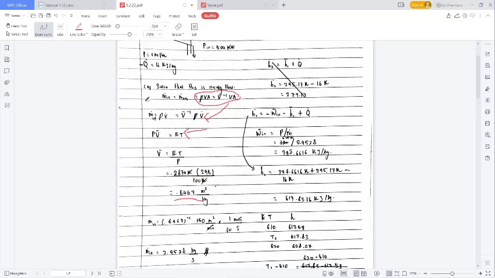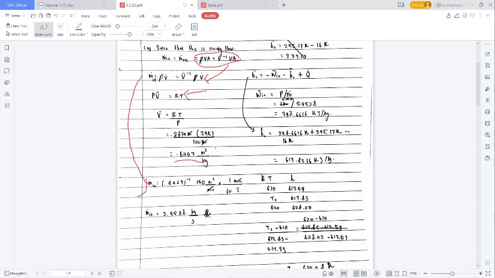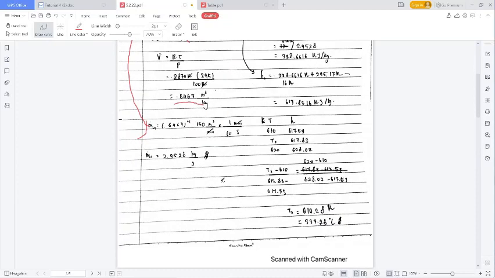So we include in this equation 0.8467 to the power of -1, times the volume flow rate, 150 meter cube per minute. You need to convert into SI unit. It depends on the condition, because for me it is my habit to change it into SI.